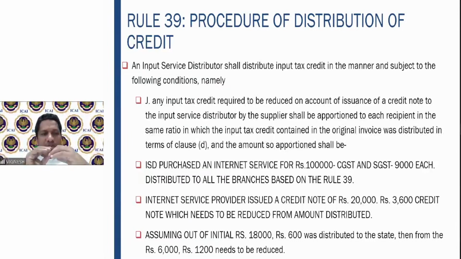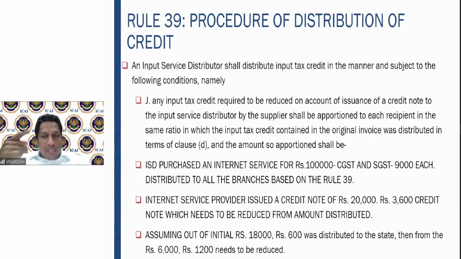The ISD purchased an internet service for 1 lakh, CGST and SGST 9,000 each, distributed to all the branches as per rule 39. Sometimes the internet service provider issues a credit note. To that extent, you have to apportion this credit note in the same way as you distributed to the respective branches.